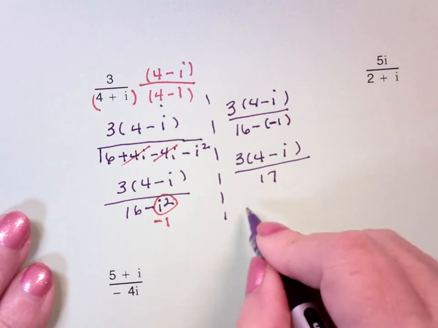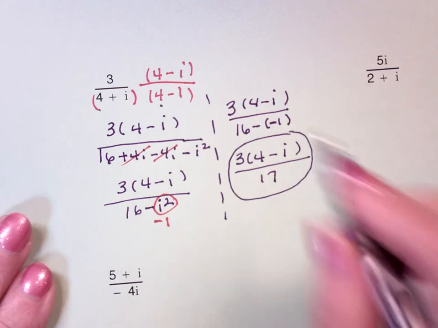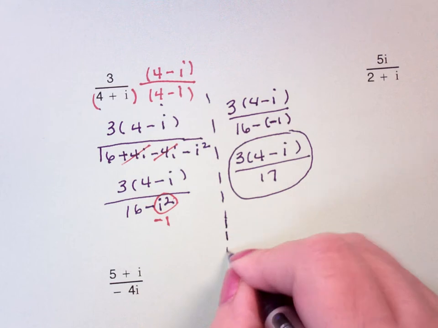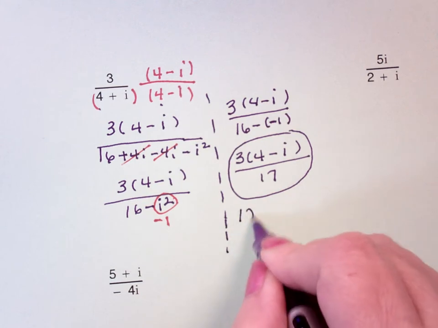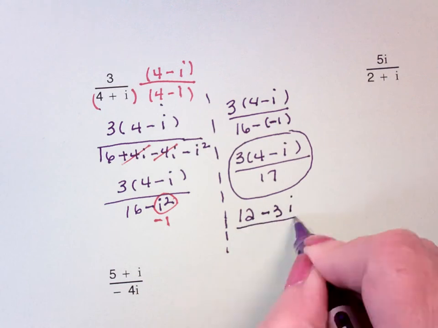So I can multiply this through. By the way, this is a perfectly good answer for me. I don't care. Now your book will have some other ideas. You could multiply it through: 12 minus 3i over 17.